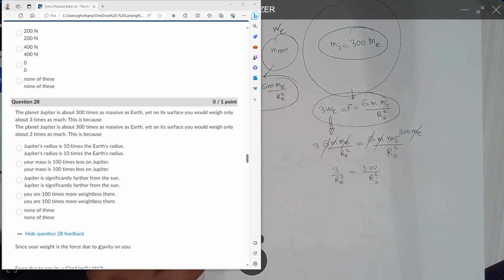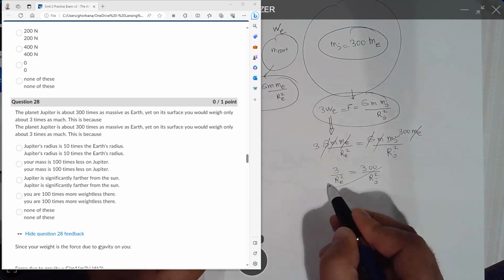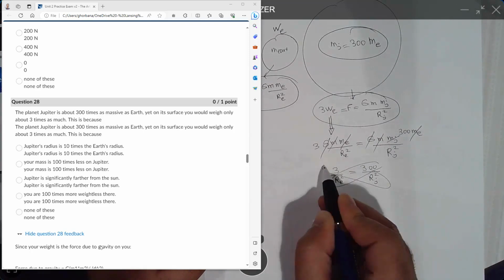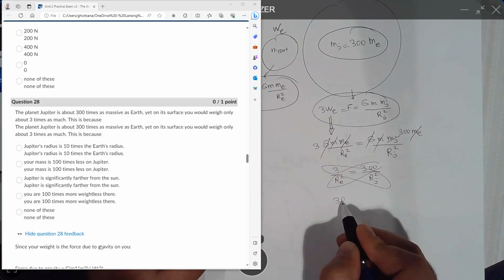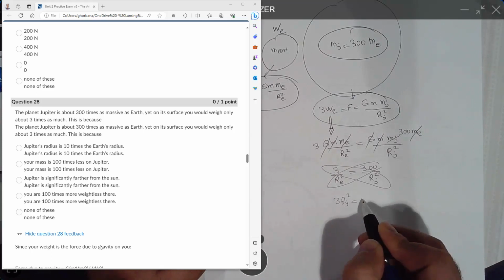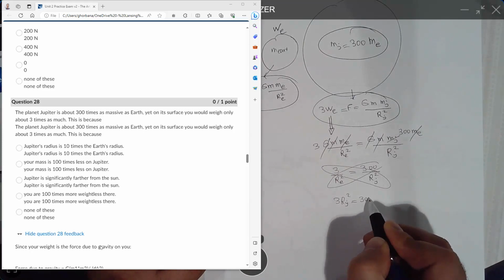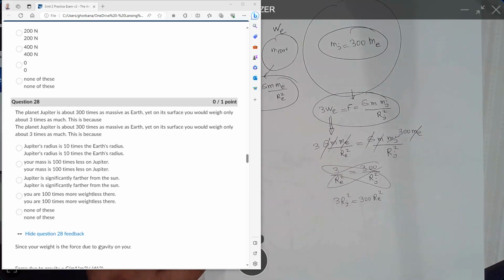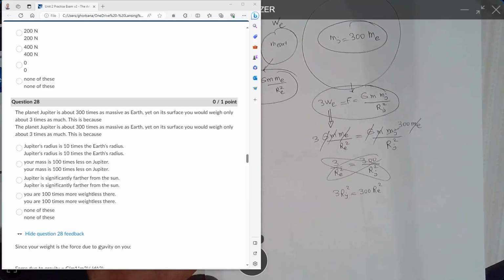Okay, go ahead and simplify more. I just multiply these two. It is going to be 3 r_J squared equal 300 r_E squared.